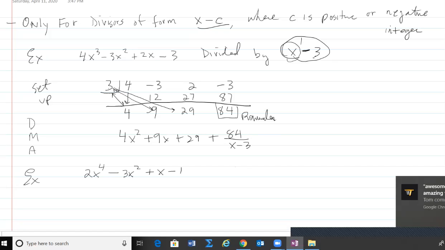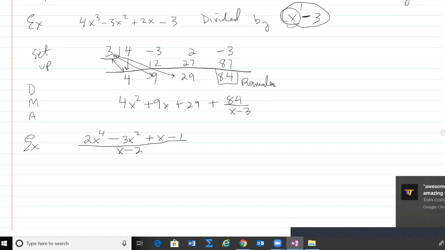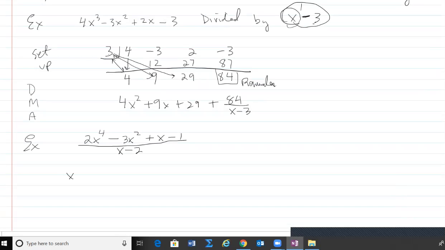And we're going to divide that, say we're going to find this quotient, by x minus 2. Okay, so let's start. Set up. I want just a 2.